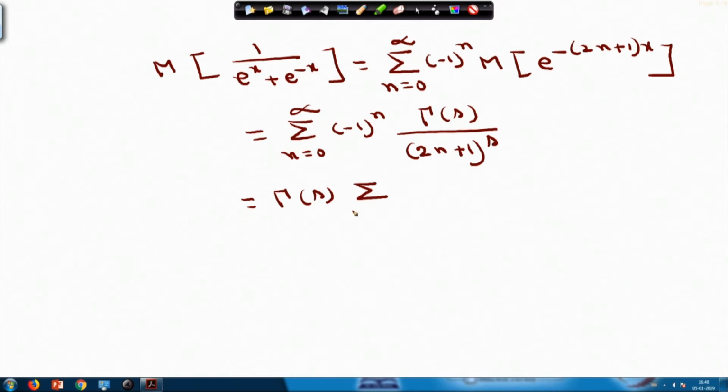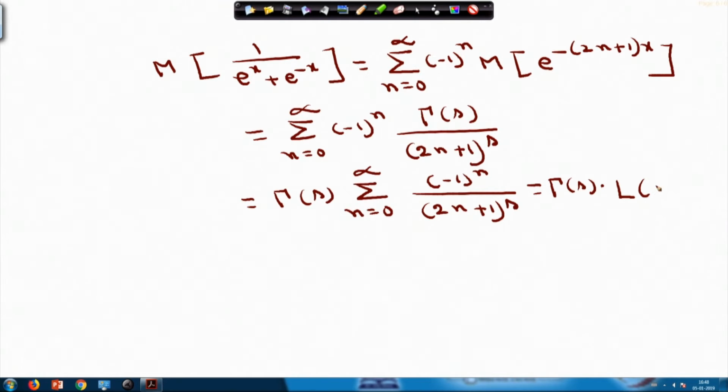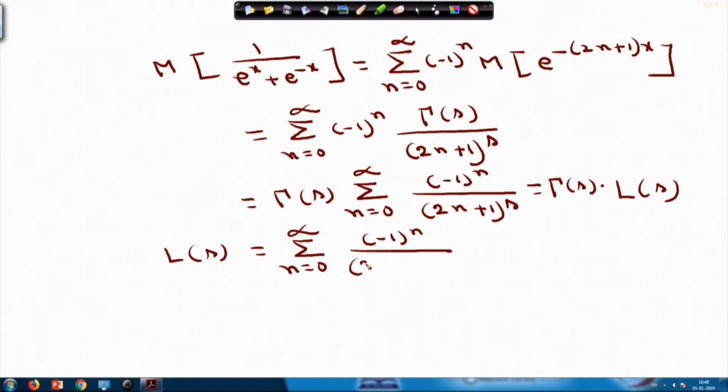So, summation n equals 0 to infinity, minus 1 whole to the power n by twice n plus 1 whole to the power s. This equals gamma s into L s, where L s I can write as this series, summation n equals 0 to infinity, minus 1 to the power n by twice n plus 1 whole to the power s.